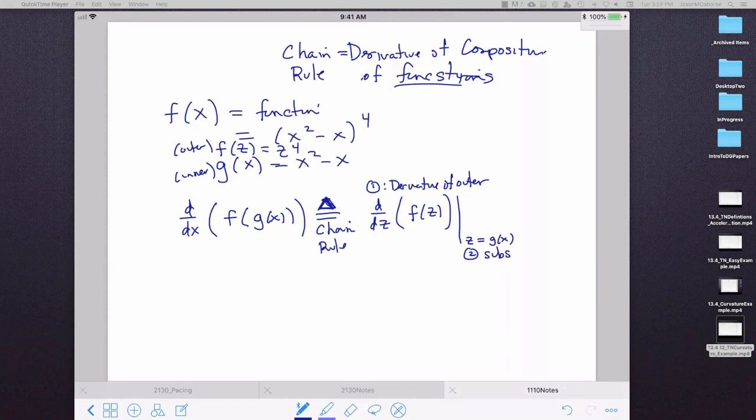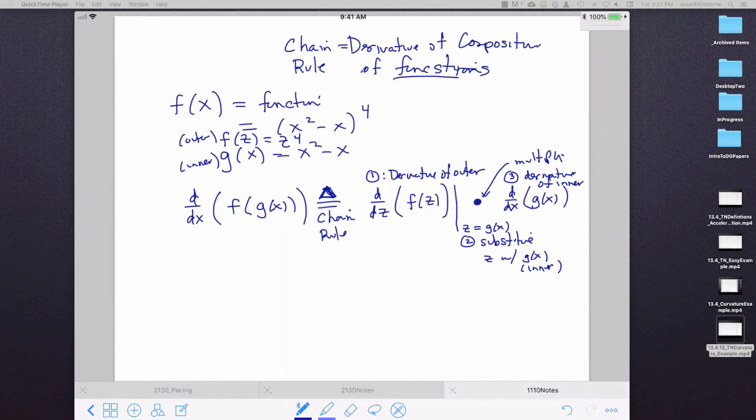Substitute z with g of x, whatever your inside function is, your inner. And then the last step is to multiply by the derivative with respect to x of the inner function. So step 3 is to multiply by the derivative of the inner function.